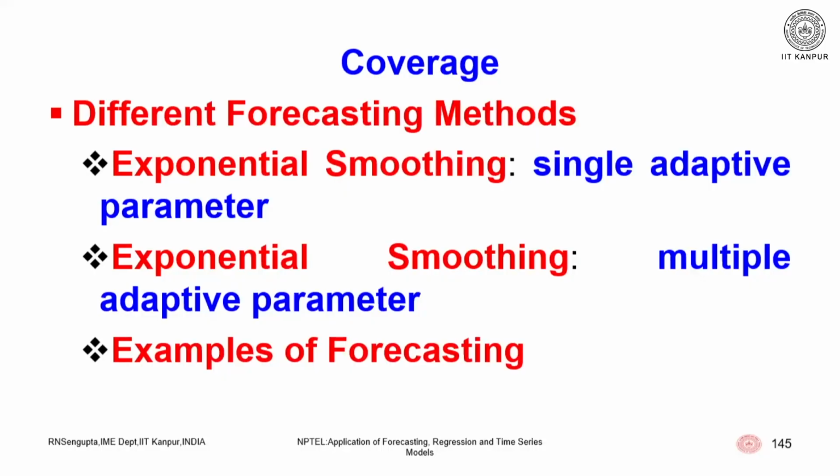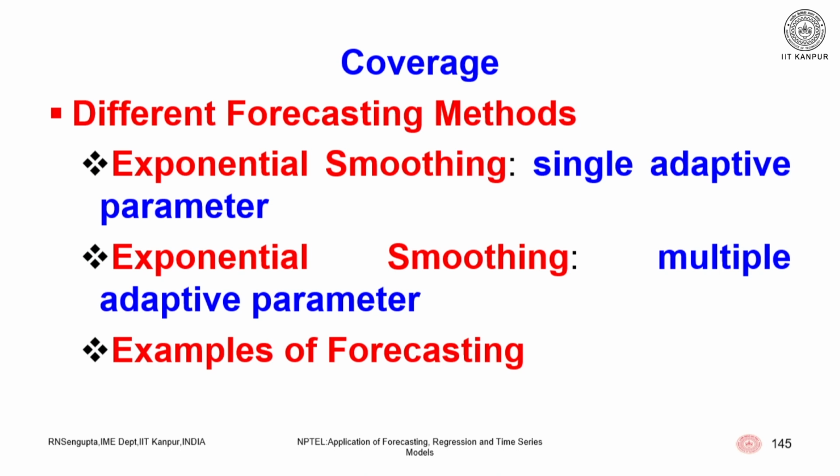If you remember the coverage of last week, we were trying to give an example which I was solving in an Excel sheet using the concept of adaptive one parameter exponential smoothing. So, the coverage here would be the continuation of exponential smoothing with a single adaptive parameter, and I will go into that problem in detail and just discuss the multiple adaptive parameter concept.